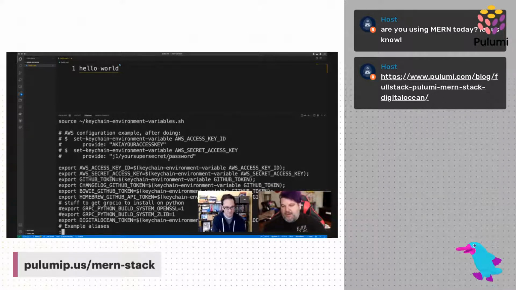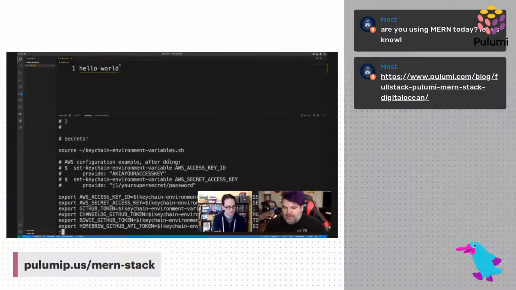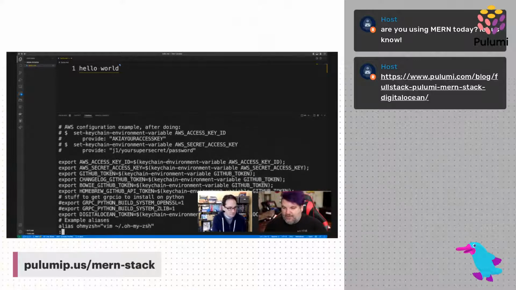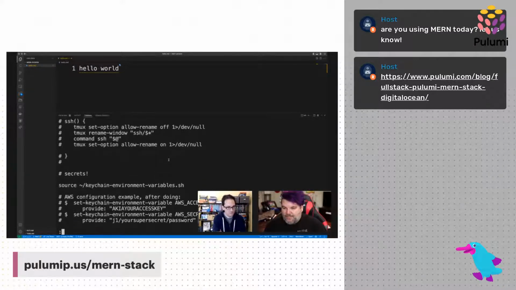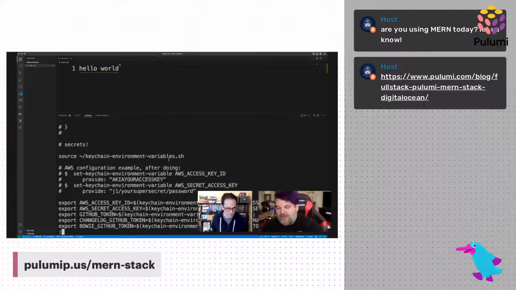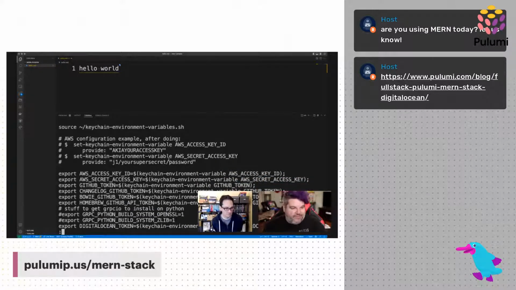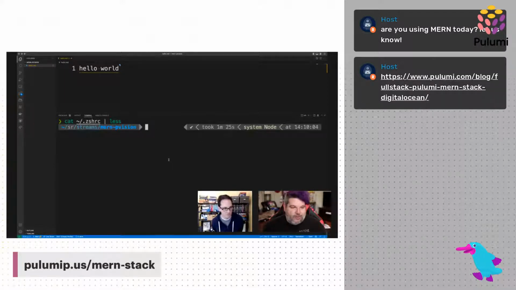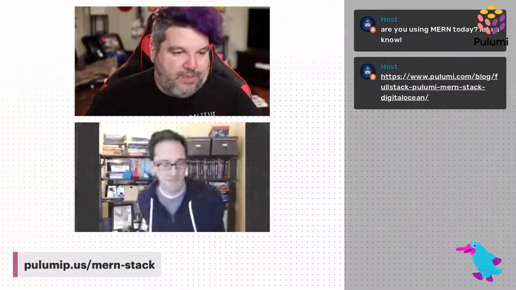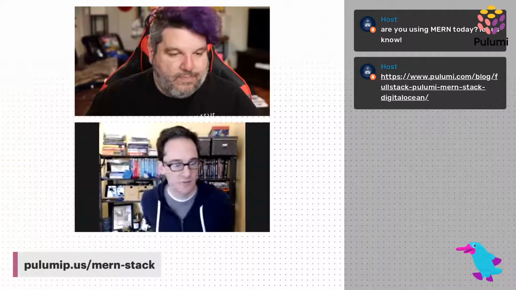If anybody wants to know how this works, the keychain environment variable shell script in my home directory is the thing that matters. It's really helpful because you store a lot of sensitive stuff in there. Anyway, we've got our DigitalOcean stuff set up. That's the one token you need to configure Pulumi to run with DigitalOcean, I think.